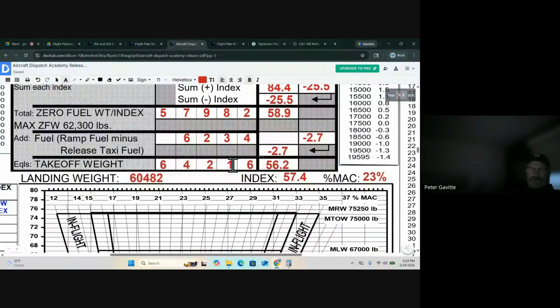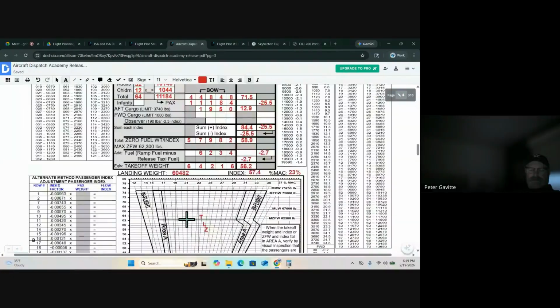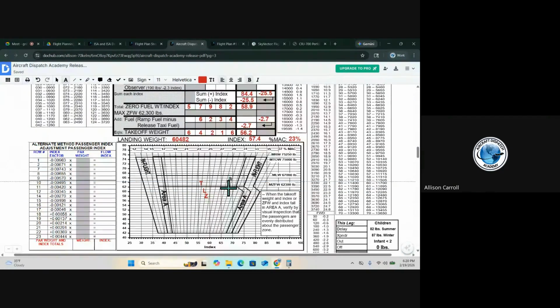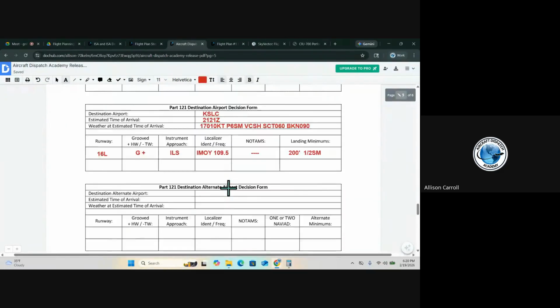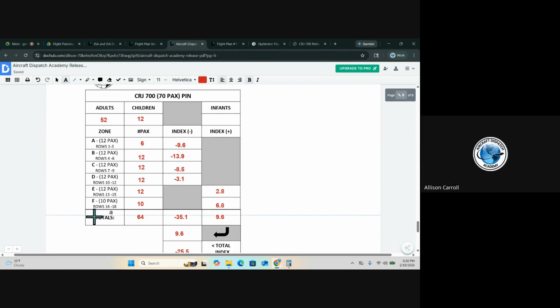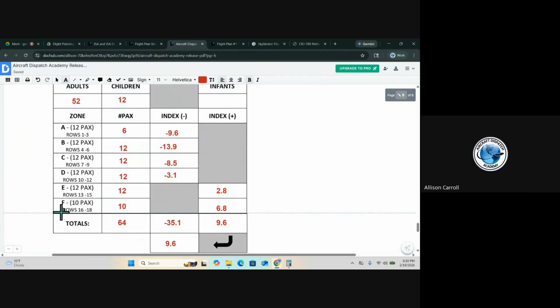Hey, Allison, along those same lines, could you tell me again how you divide the number of passengers up into the different zones? Yeah. So on this pin chart, it actually tells you in the parentheses here the max amount of passengers in each zone.